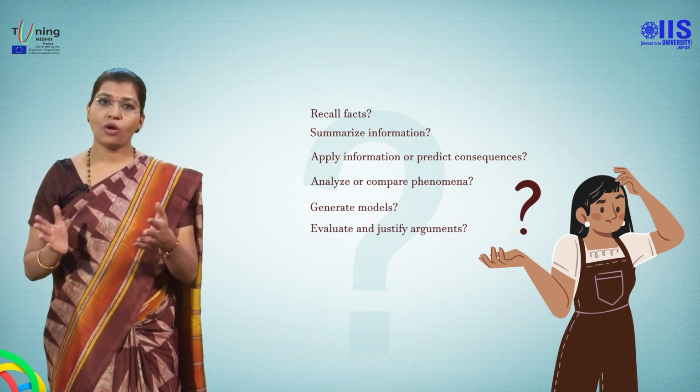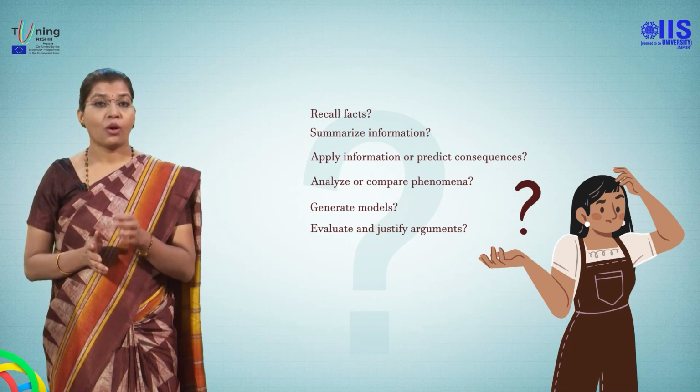Well, we all face such confusion while finalizing an assessment. However, it is important that we assess only the intended learning outcomes and accordingly plan the assessment and evaluation. Let us see how we can do this.